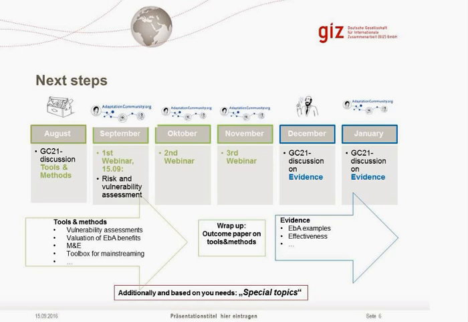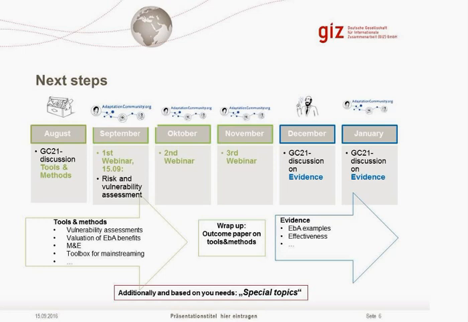And with this, I would like to announce the next 2 webinars. As said, this webinar is part of a series on EBA tools and methods, and we will have 3 webinars in total. The next one will take place in October, and there will be another webinar in November on EBA tools and methods.